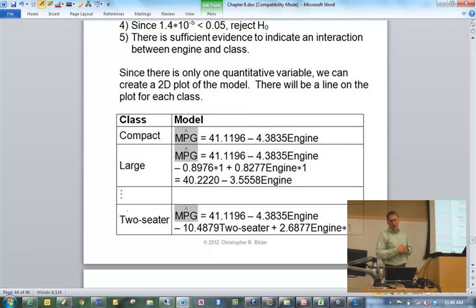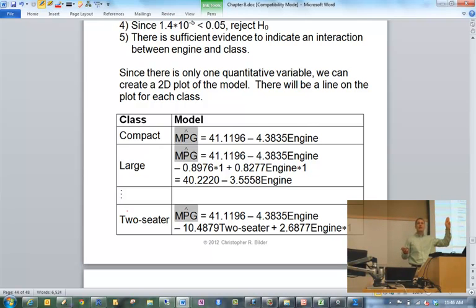Okay, so we got this hypothesis test result. It says that interaction is needed. Well, let's look at some graphs that help us see why this interaction was truly needed. What I like to do is apply this to the model. Now you might be thinking, I have engine, I have class, and also MPG, so I have to go to 3 dimensions to do this plot.